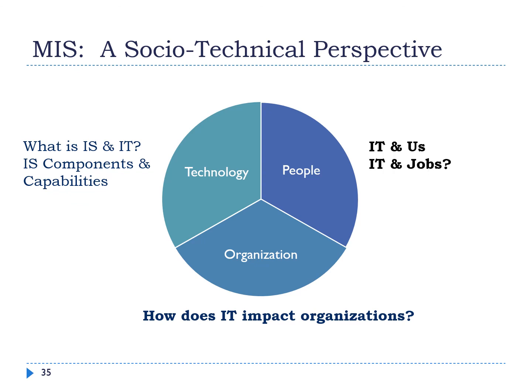Second, how does IT impact us and our jobs? Will IT eliminate jobs? If so, what jobs can be eliminated by IT? And will IT provide new opportunities for us? You will have a chance to answer the above questions in quiz 1.